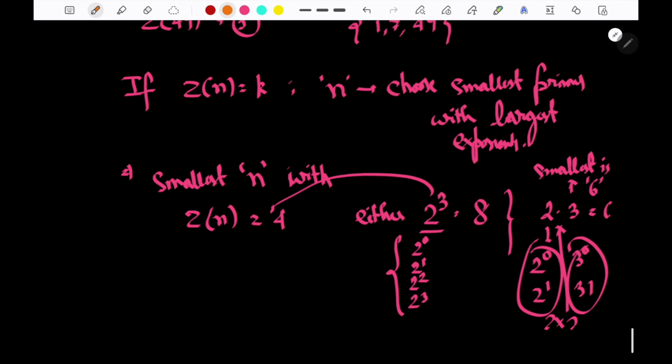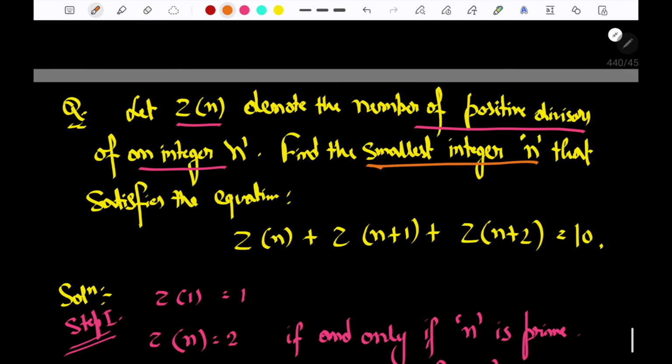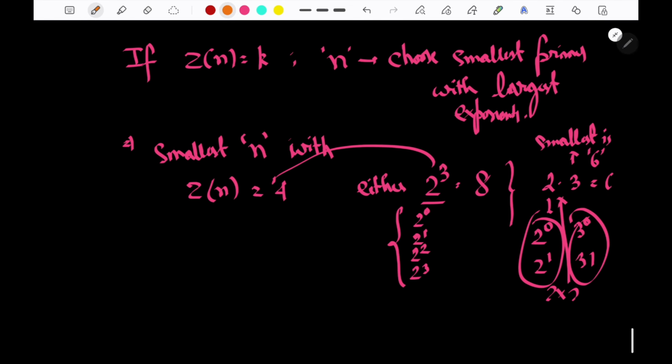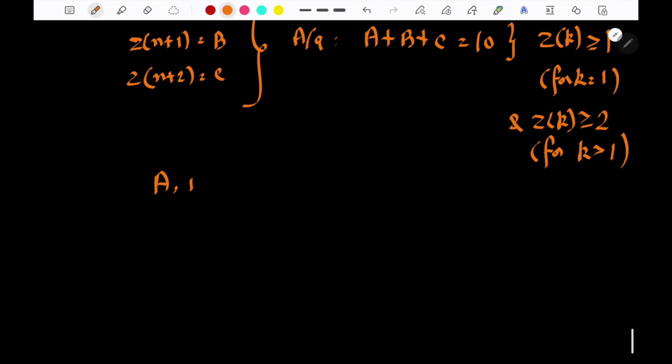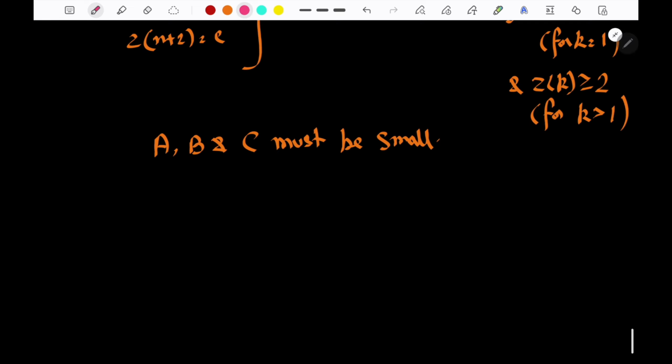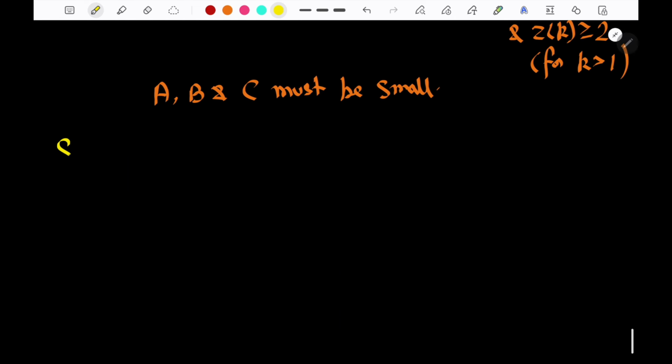And there is something known as smallest. Later on, we need to find the smallest integer n. So remember, here a, b and c must be small. This is very important. Now we are done with step 1 and step 2. Let's carry on with the third step.